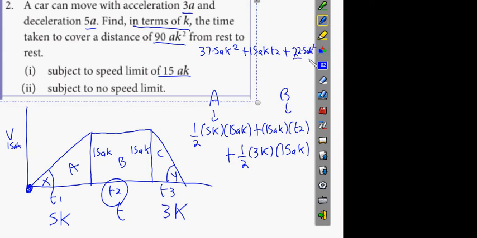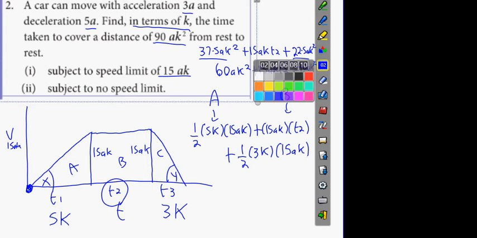Now 22.5 plus 37.5 is 60. 60ak squared plus 15ak T2. And what does all that have to equal? 90ak squared, because that's the entire distance.